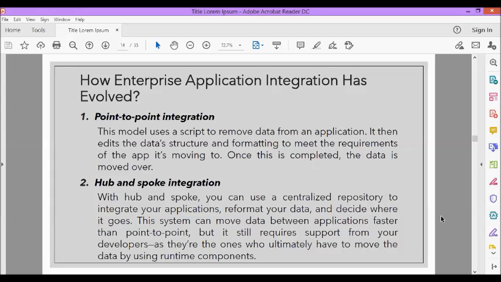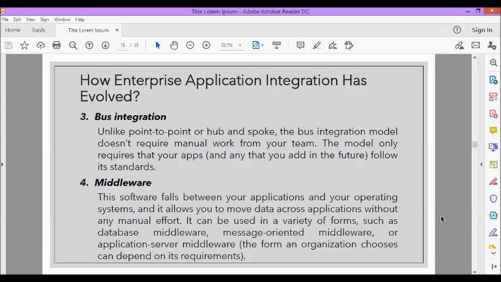This integration removes the need to program individual dependencies between each pair of applications. But developers must still use runtime components to manually route data to the correct application.